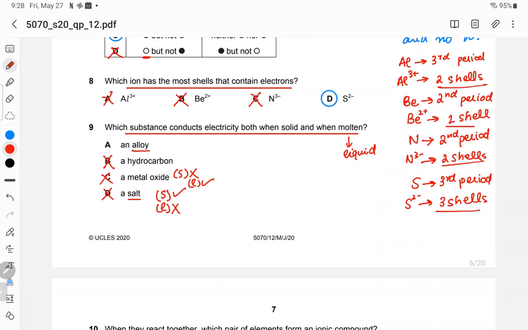So alloy is what? It is a mixture of metals, right? And if it's a mixture of metals, it can conduct electricity whether it's a solid or a liquid. So A is our correct answer. जी, ये clear है सबको? Ji, sir. Okay.